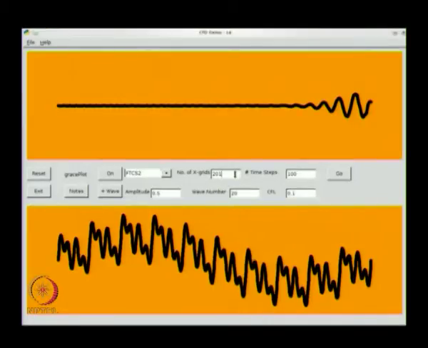Okay, so I think we could try this. Let me leave it with 401 grid points, see what happens here, and I will take 200 time steps at a time.